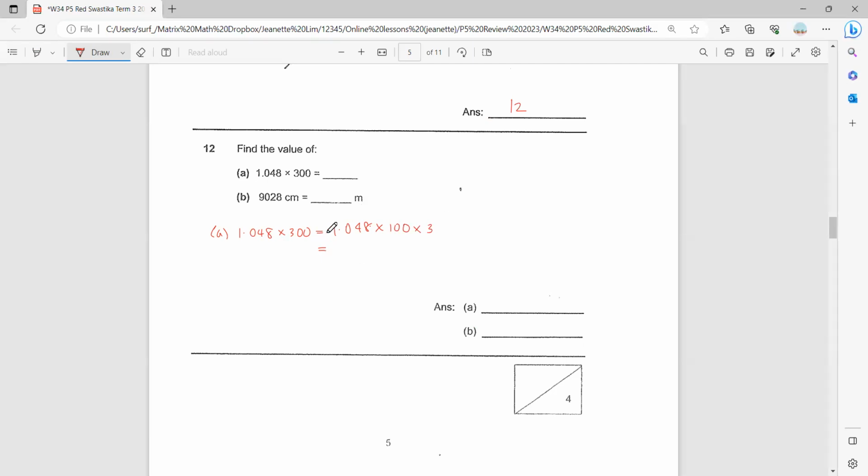The decimal place shifts to the right 2 times because there are 2 zeros. So 104.8 times 3, and you get 314.4.